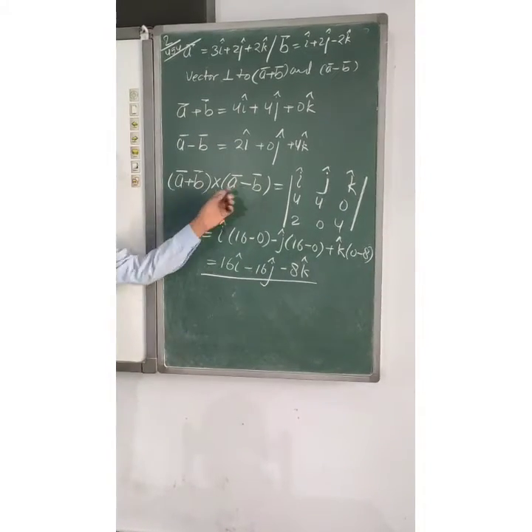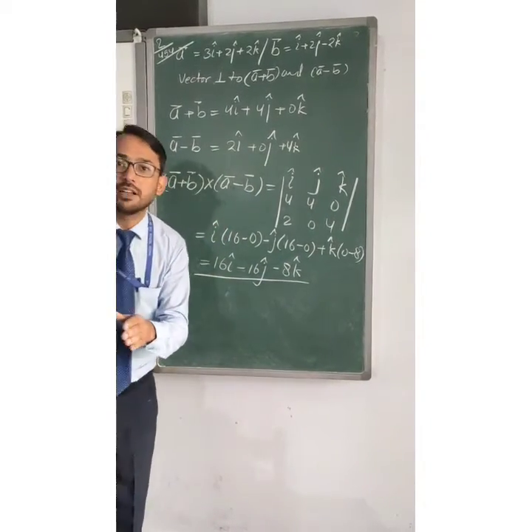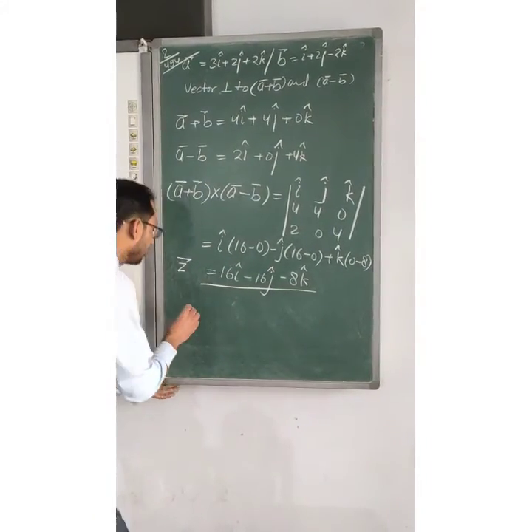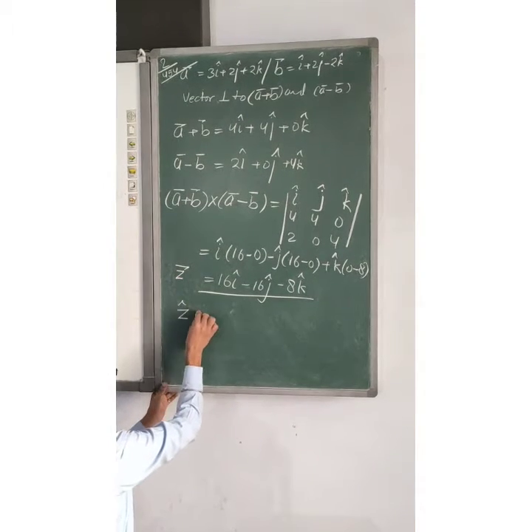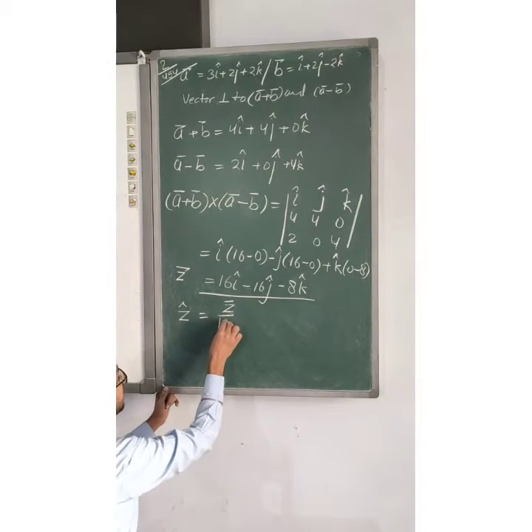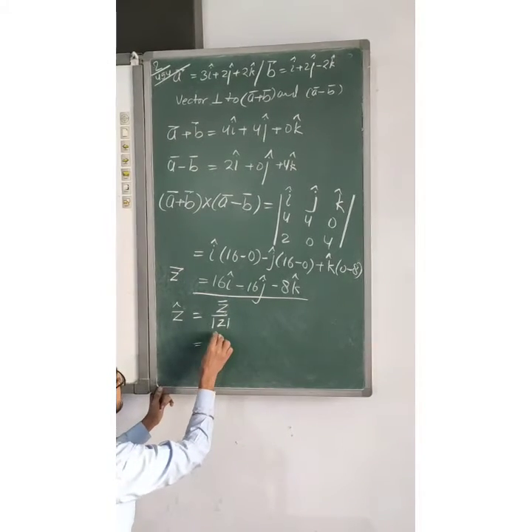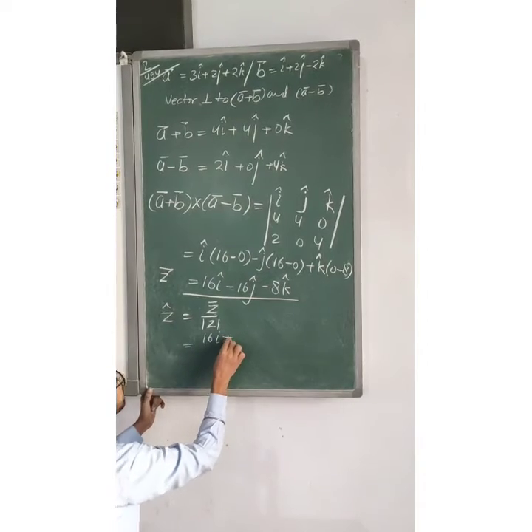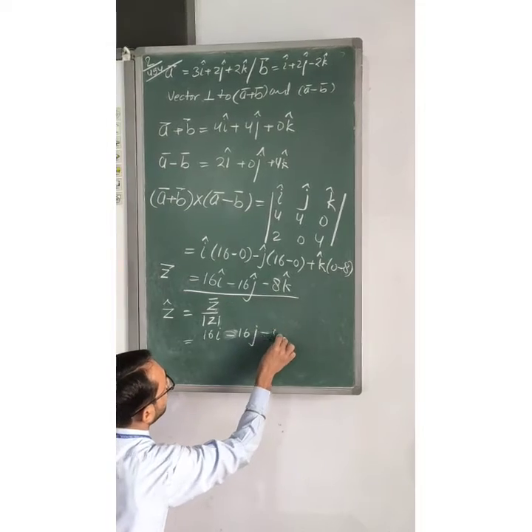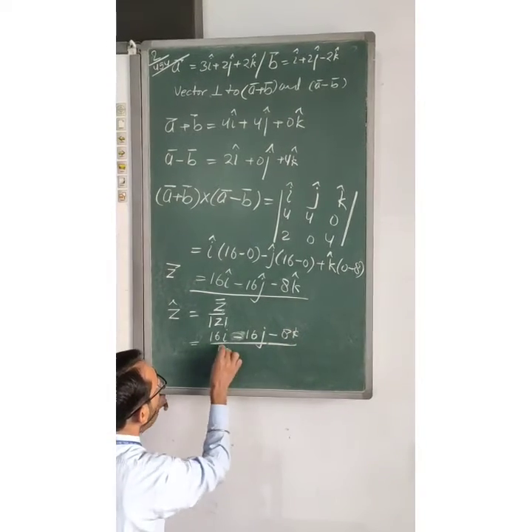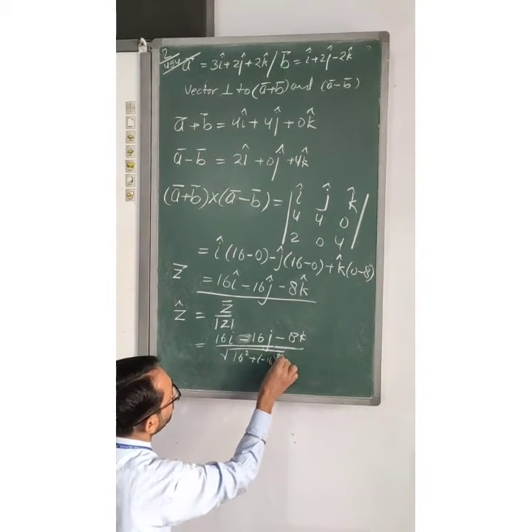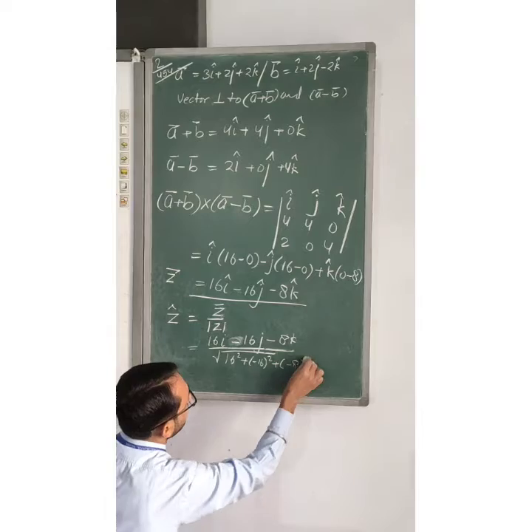We are supposing this is vector Z. Now we need to calculate the unit vector in the direction of this vector. So Z cap will be equal to vector Z divided by its magnitude. So vector Z is 16i minus 16j minus 8k upon under root 16 square plus minus 16 square plus minus 8 square.